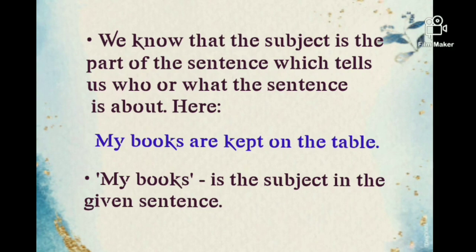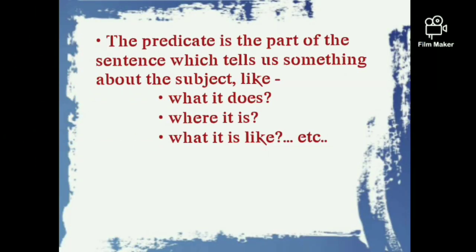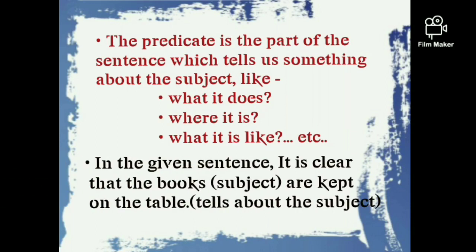Now, let us see what's the predicate in the given sentence. We also know that the predicate is the part of the sentence which tells us something about the subject, like what it does, where it is, what it is like, etc. In the given sentence, it is clear that the books are kept on the table.